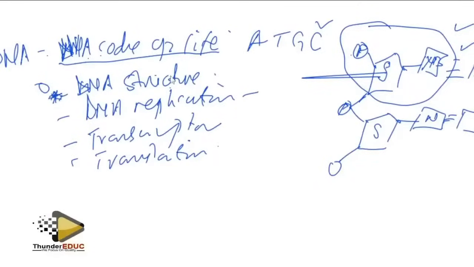There is one mark I've not spoken about: you mention the bases, but also say that adenine goes with thymine, guanine goes with cytosine, which is also another mark. Mentioning adenine, thymine, guanine, cytosine is a tick. Adenine with thymine, guanine with cytosine is also another tick.